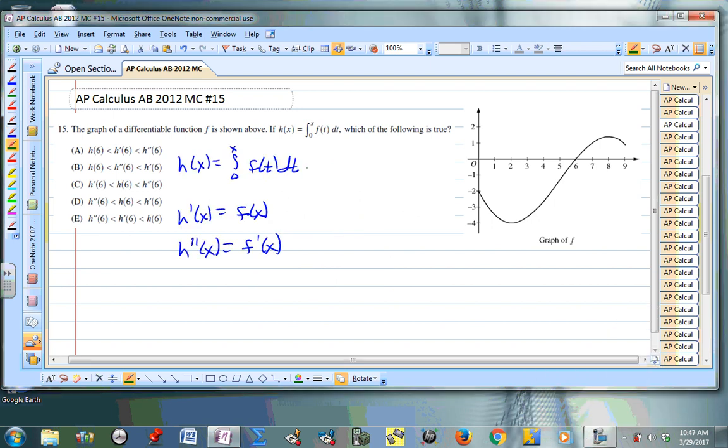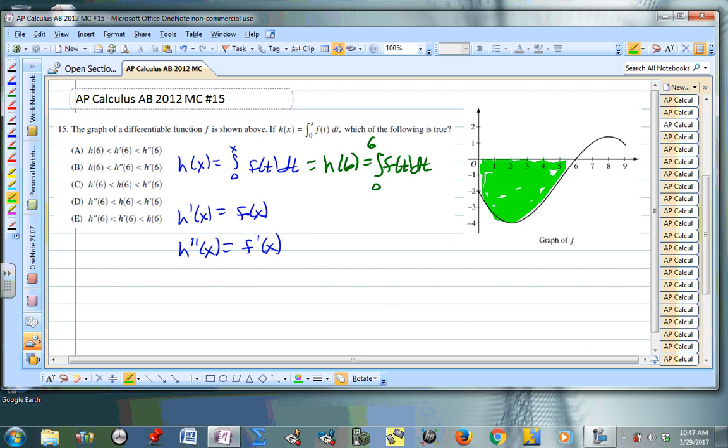So let's start by looking at h of 6. That's going to be the integral from 0 to 6 of f of t dt. If you think about it, we can look at the graph, and the way you evaluate an integral graphically would be to compute some type of area.